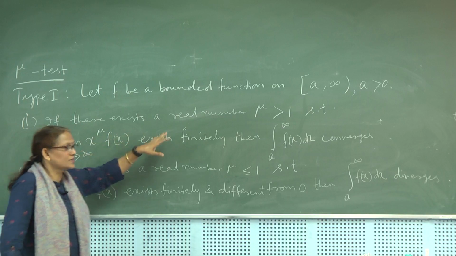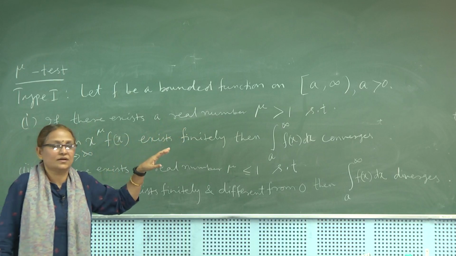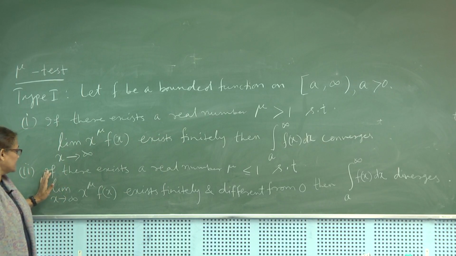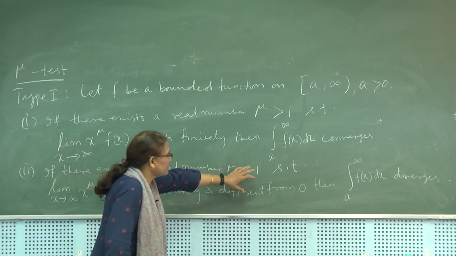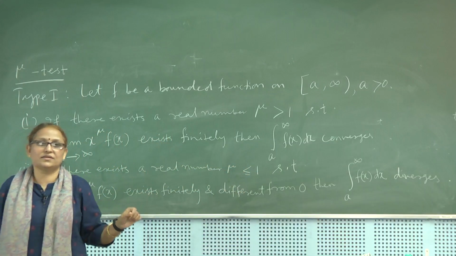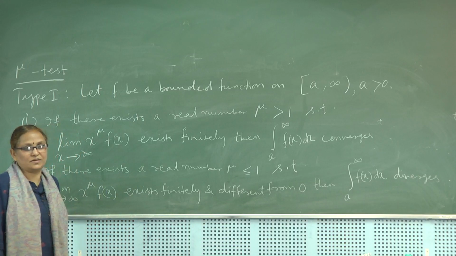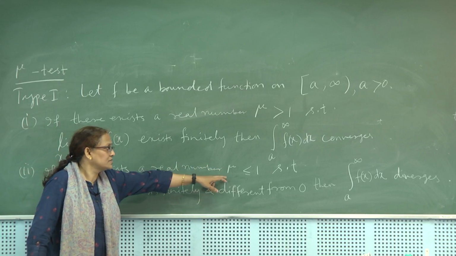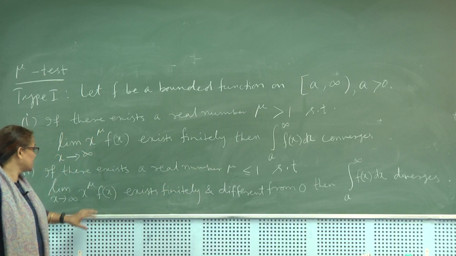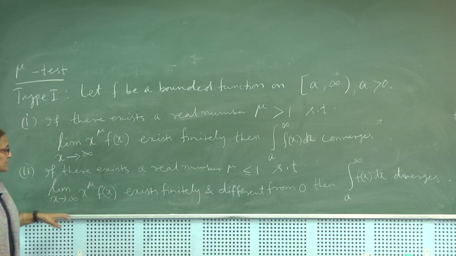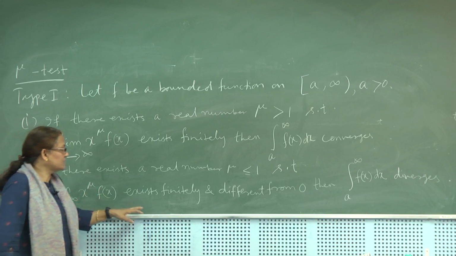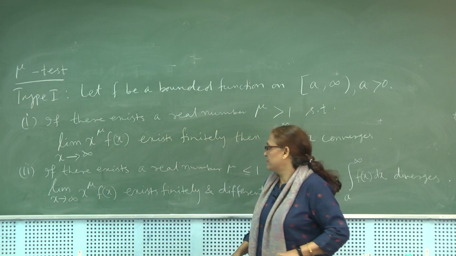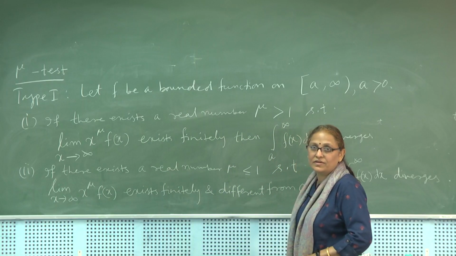In the second case we are testing the divergence of this improper integral, and for that we need a real number mu less than or equal to 1, and this limiting value should exist finitely and be different from 0, then we get the divergence of this improper integral.